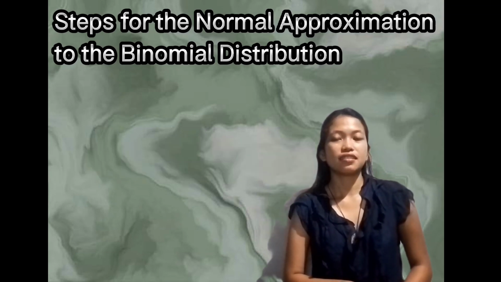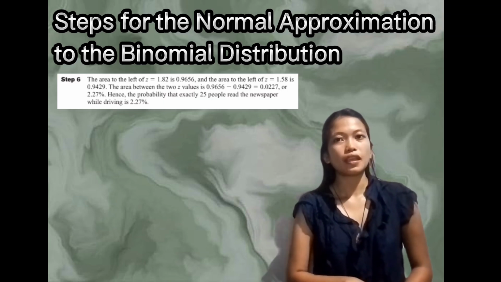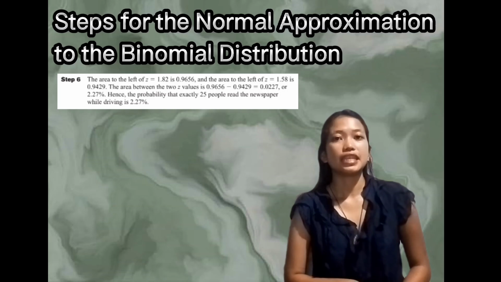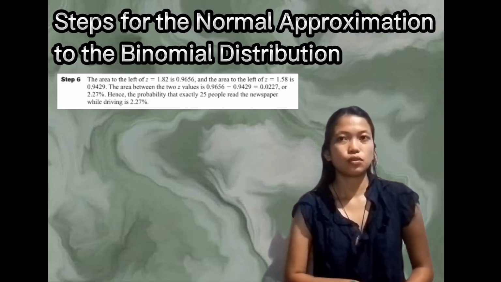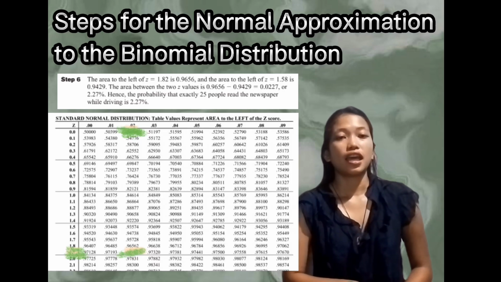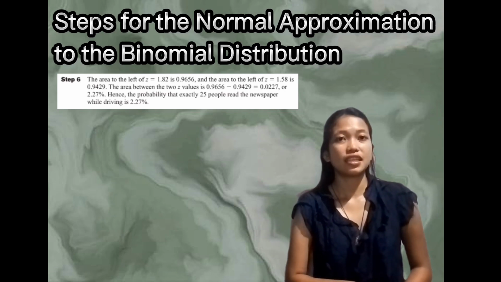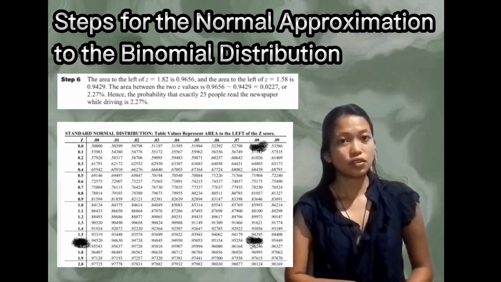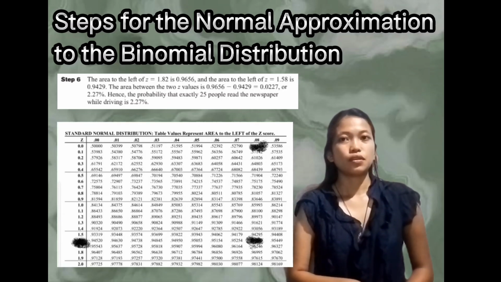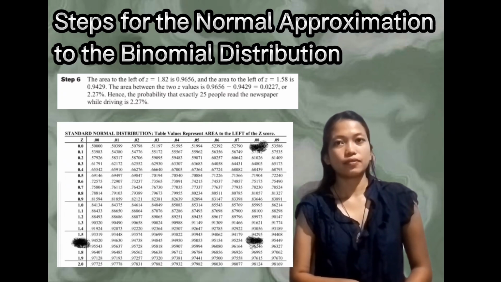And for the final step number 6, find the solution. So the area to the left of z equals 1.82. Now let's find the value of 1.82 in the z table, and we will get 0.9656, and the area to the left of z equals 1.58, when we locate it in the z table, will give us the value of 0.9429.